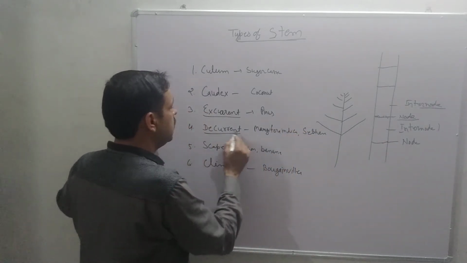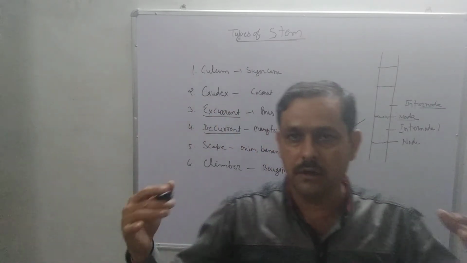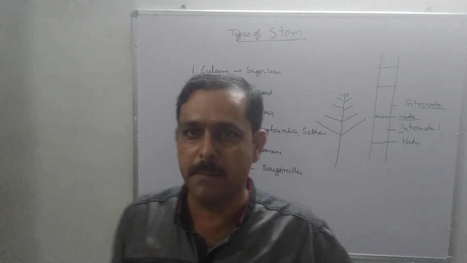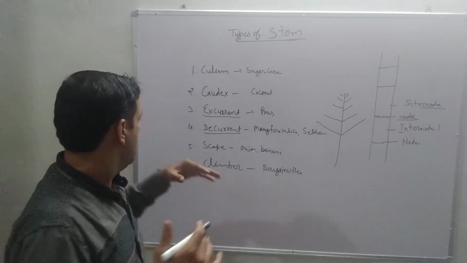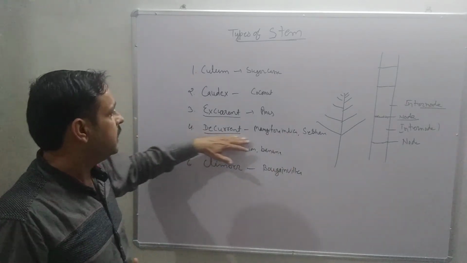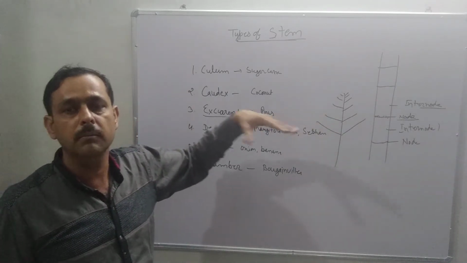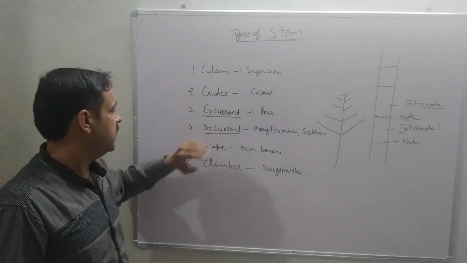Now decurrent. Whenever the branches are longer than the stem, and the stem is the main axis and the branches are very long and grow irregularly, that is called decurrent. Example, Mangifera indica, sesame, neem, banyan, and many trees, mostly they are decurrent.